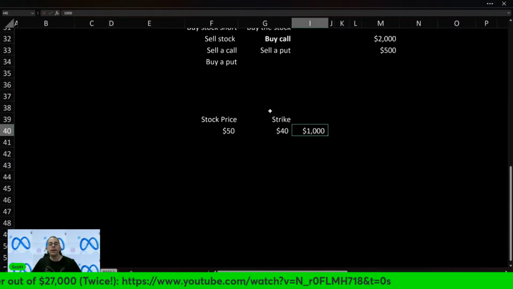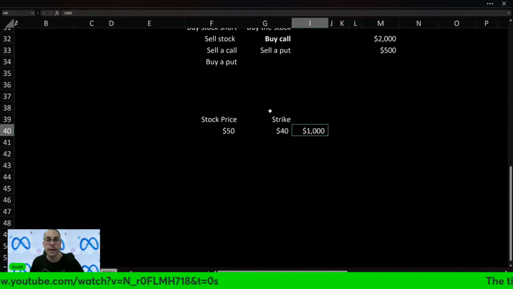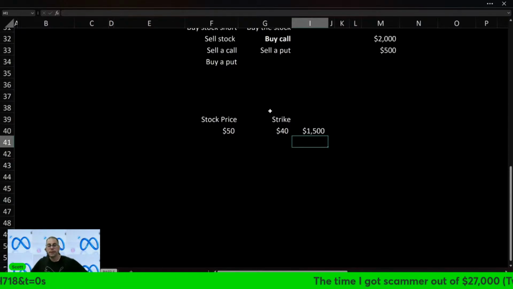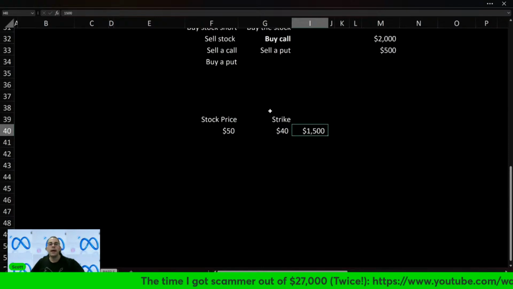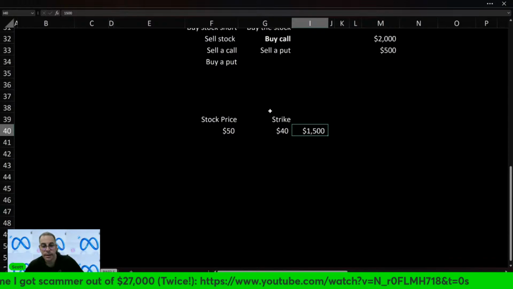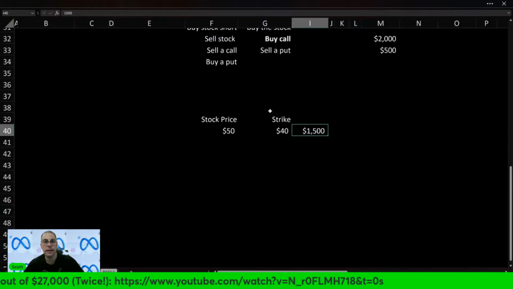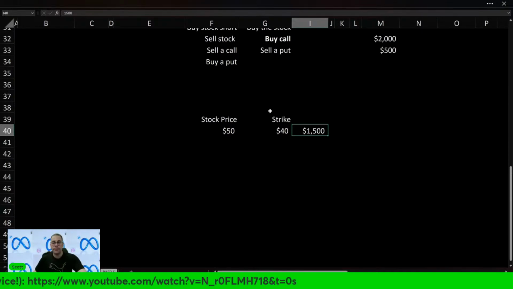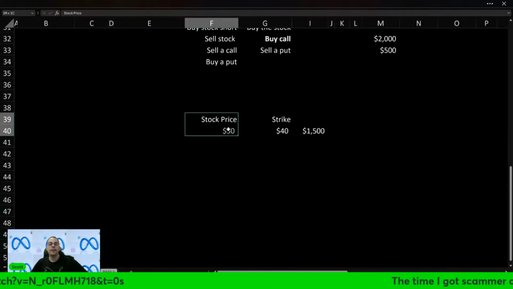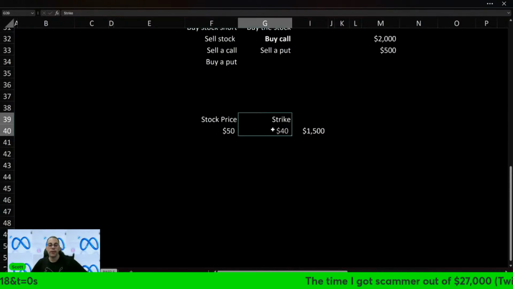So why would anybody sell it in the money? Because how much would the premium be for the option? It would probably be like $1,500 to buy it at 40. Because the premium is so high. That's why you would sell it in the money. Like obviously, if this was a scenario, the current stock price is 50 and the strike is 40.